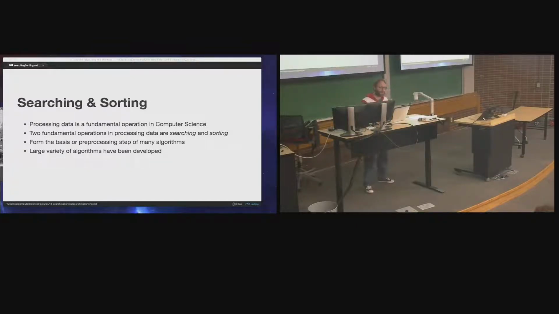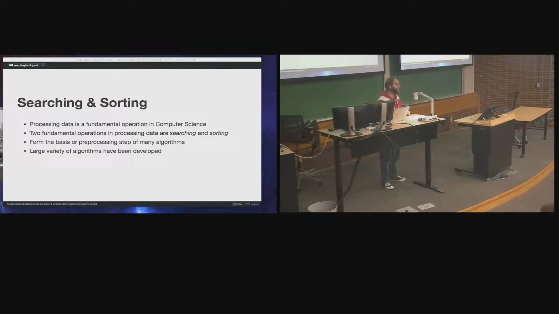Okay, so today we're going to be starting on the next topic, which is searching and sorting. This is a pretty fundamental topic to computer science, to data science, to whatever you want to call basically processing data. There are lots of disciplines that use this.